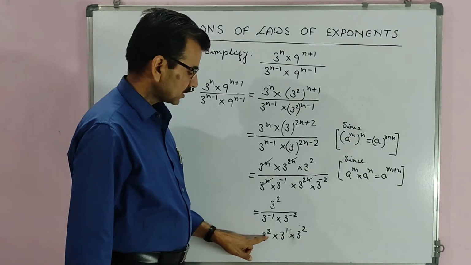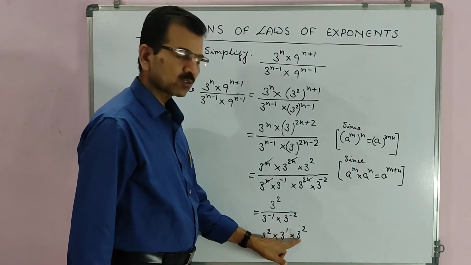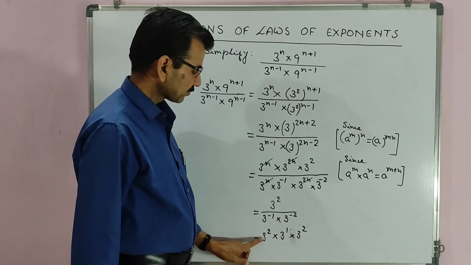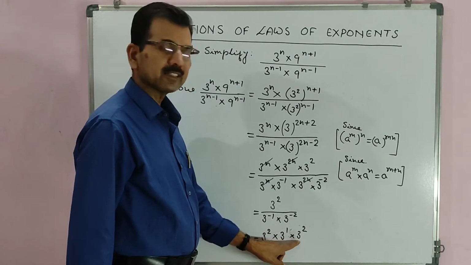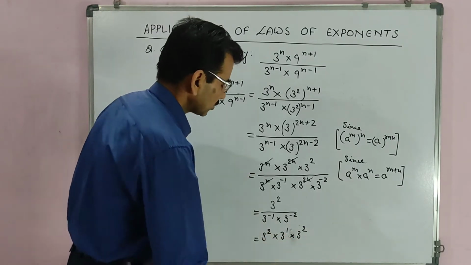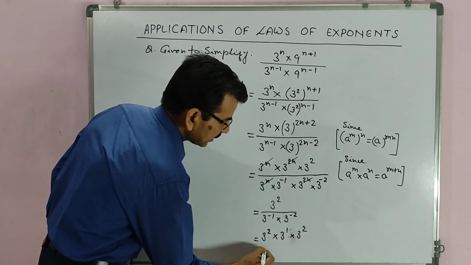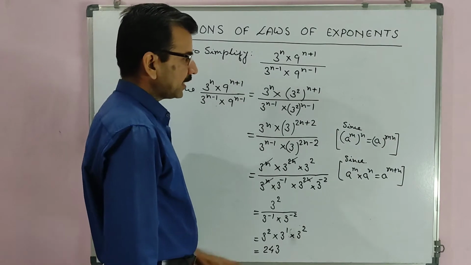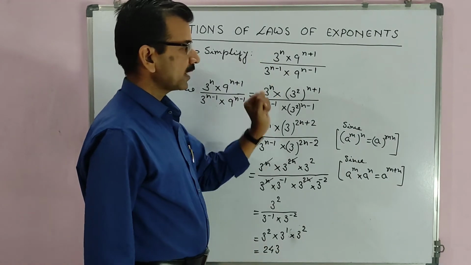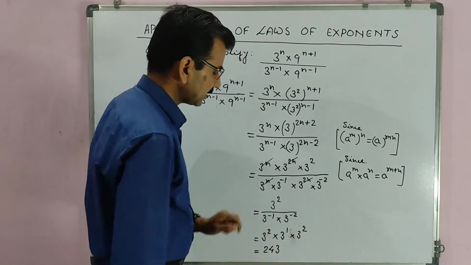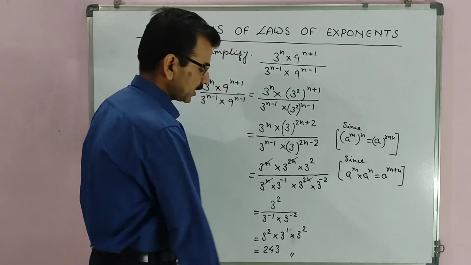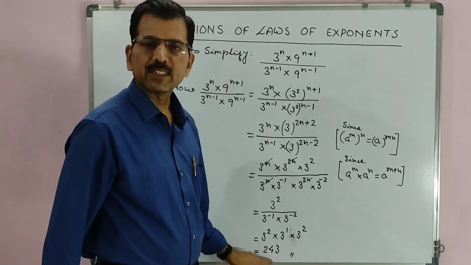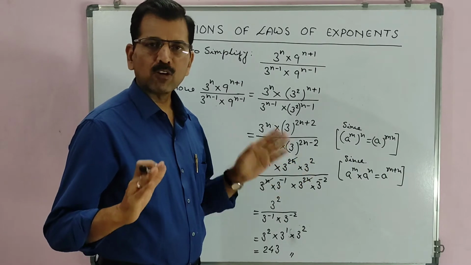Multiply here, 3 square is 9. So 9 into 9, 81 into 3, and we get the result 243. After simplifying this given expression, we get the result 243. I hope it is clear to you.